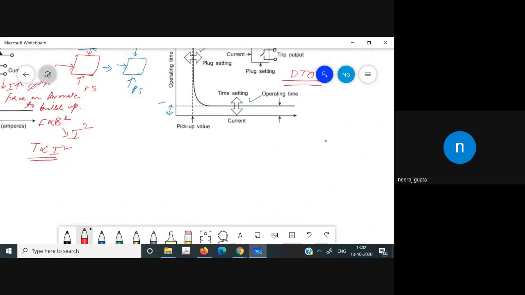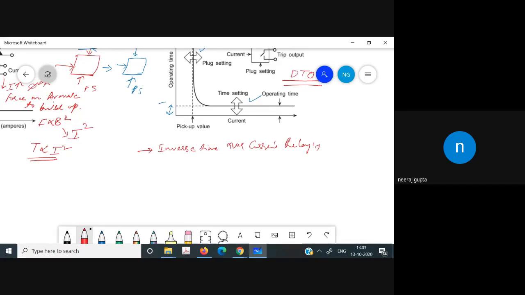After the definite time, we have the inverse time overcurrent relay.